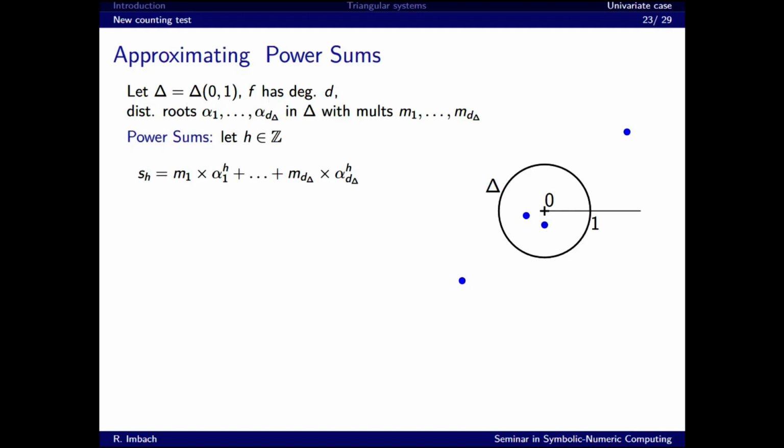To simplify, I consider Delta, the unit disk. Let's say that in this disk, the roots are alpha 1 to alpha d_Delta. So there are d_Delta roots with these multiplicities. For an integer h, the h-th power sum is the sum of the h-th powers of the roots weighted by the multiplicities.